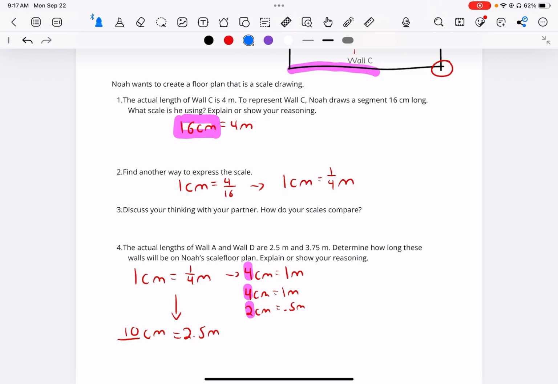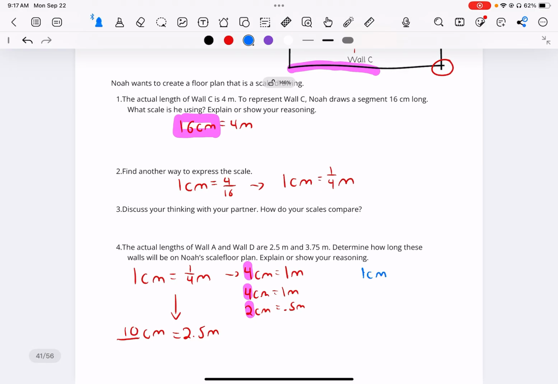Now I'm going to do the other one a different way. Still using our original scale, 1 centimeter equals 1/4 meter, we want to know for 3.75 meters what it's going to be. So I want to know how many times larger this is going to be.